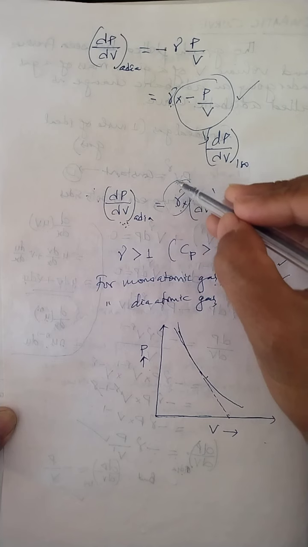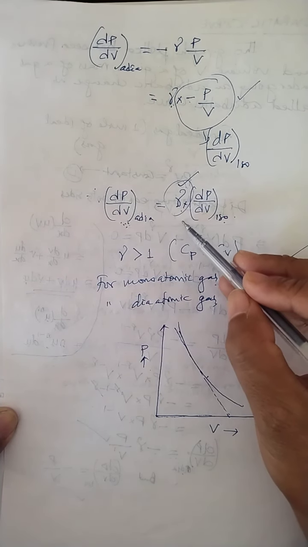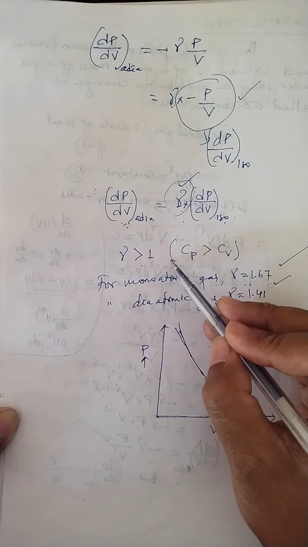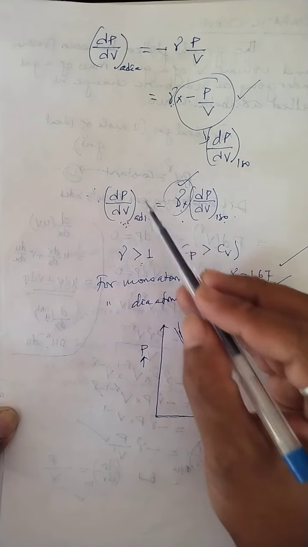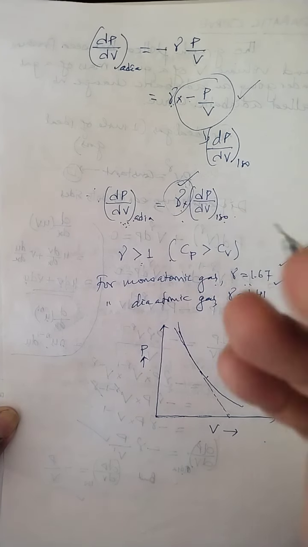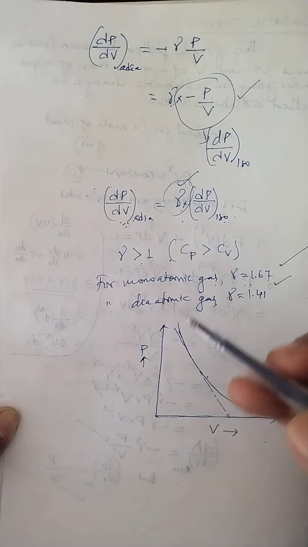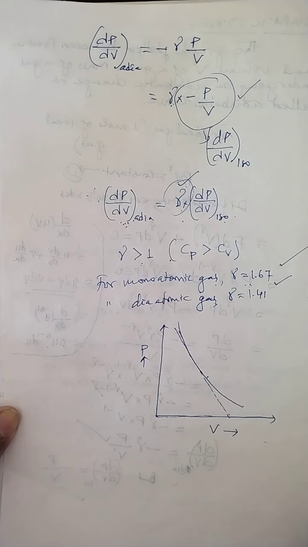It's because of the value of gamma. Gamma value, as I said, is always greater than 1, and this says that the slope of the adiabatic curve is more than the slope of the isothermal curve. More slope means a more steeper curve as compared to the isothermal curve. So this is the reason.